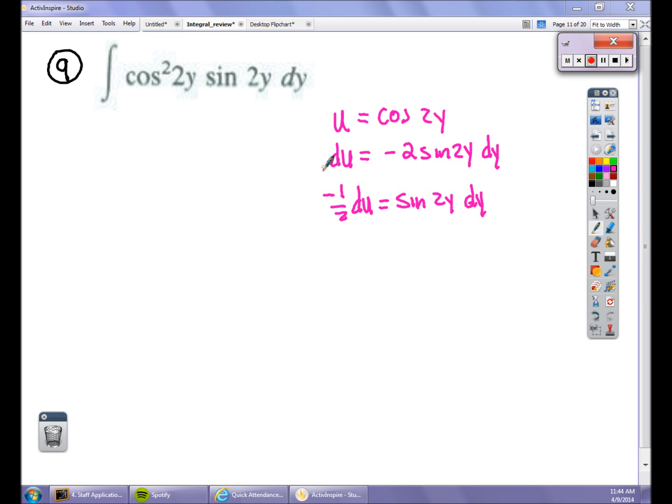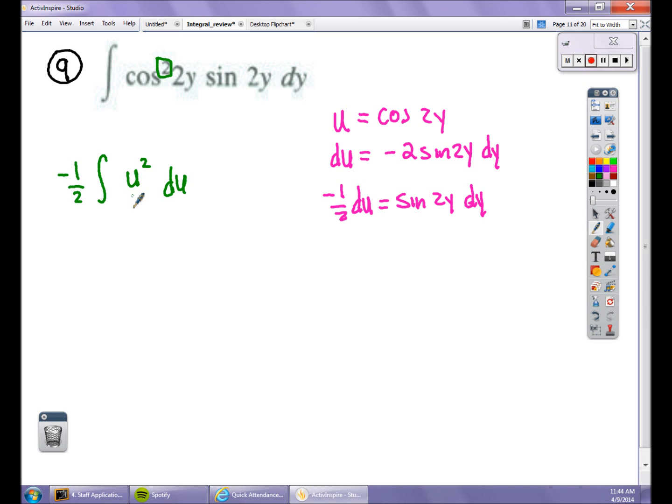In the problem, I have a sine 2y, so I'm going to divide by that -2 and start substituting. Now I'm letting u equal cosine 2y. So that square is staying there and now it's becoming u squared.